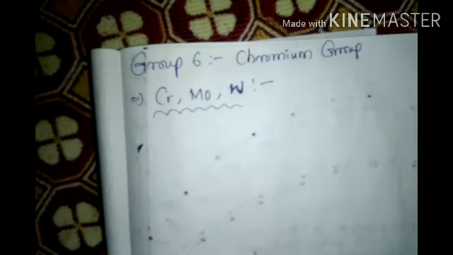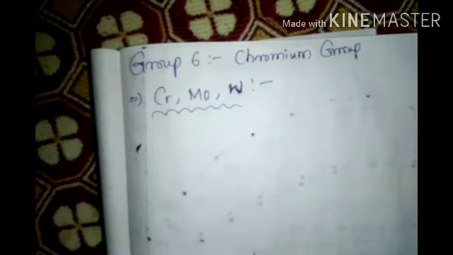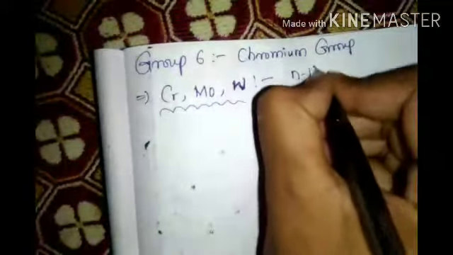These are the three members, and all are very costly. For example, just 0.1 gram of tungsten is used for making one bulb, and 1 kg costs almost 1 lakh rupees, or 2 or 3 lakh. Chromium is also costly.